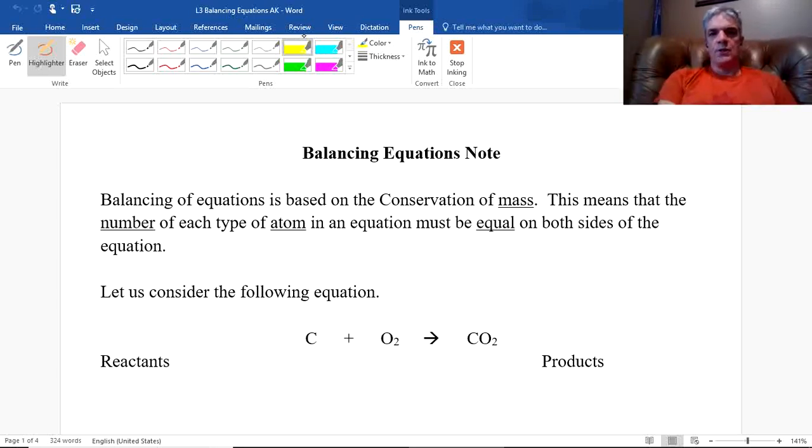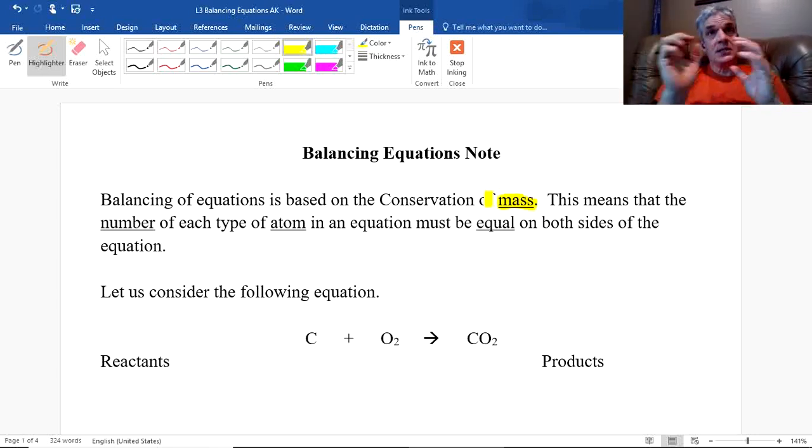So first of all, balancing equations is based on something known as the conservation of mass. What we can't do in chemistry is we just can't make things up when we're talking about a chemical equation or a chemical reaction. So the number of atoms that we have on one side of the equation has to be exactly the same as the number of atoms we have on the other.